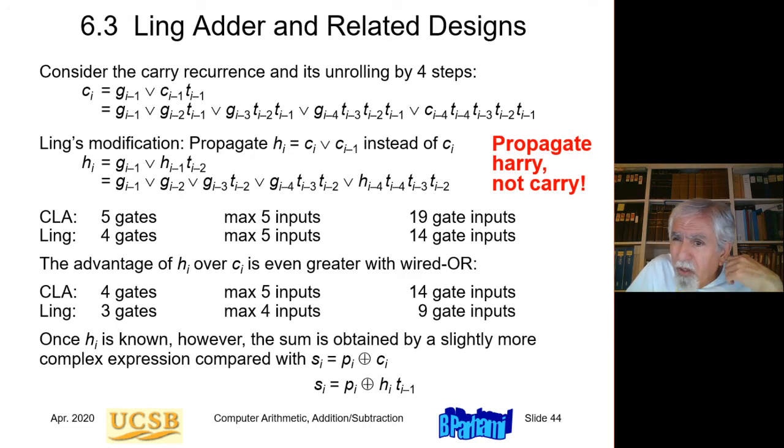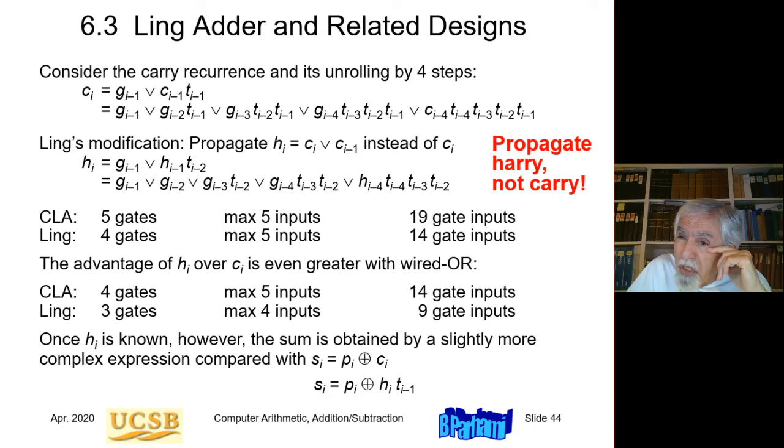First of all, the largest term in this unrolled recurrence has 4 terms rather than 5 terms in the original recurrence. So the largest AND gate that we need has 4 inputs. And the number of AND gates is 3 rather than 4. Okay?